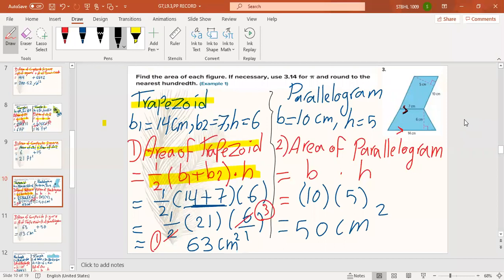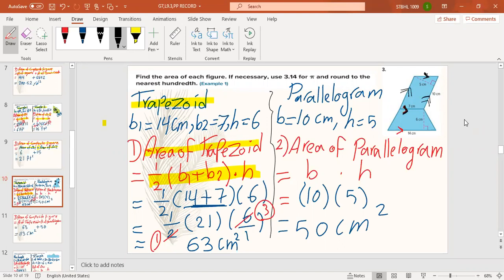The upper part of this composite figure is a parallelogram. How can I figure out the parallelogram? In the parallelogram, each two opposite sides are parallel. These two sides are parallel. And the other sides, which are opposite to each other, are also parallel and equal in measure.